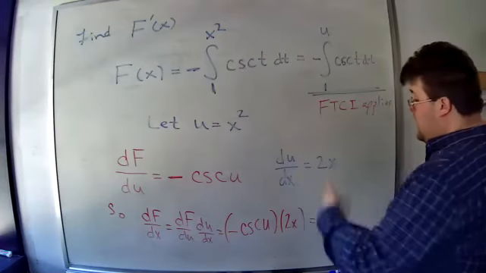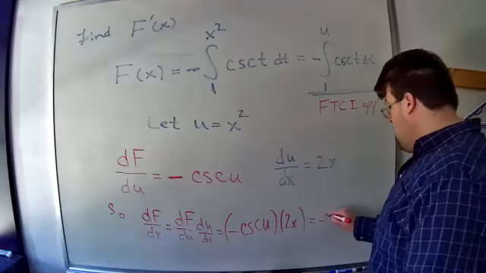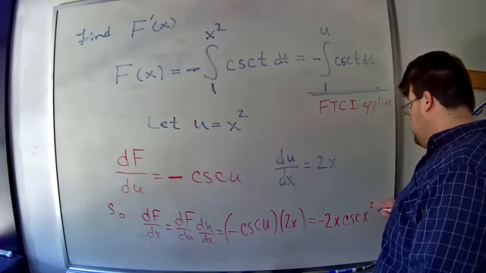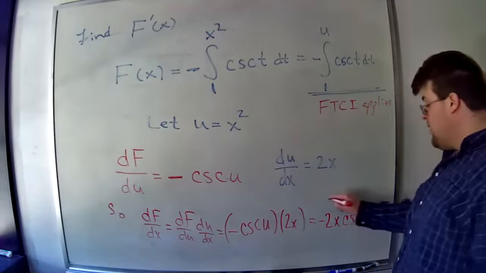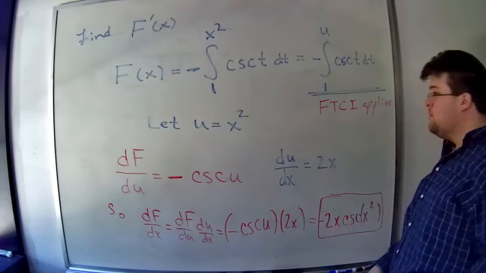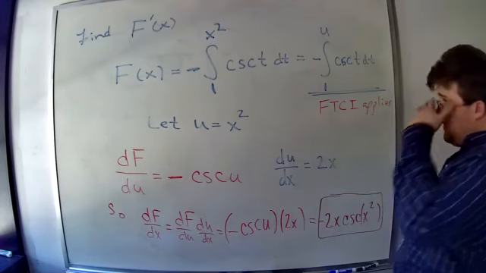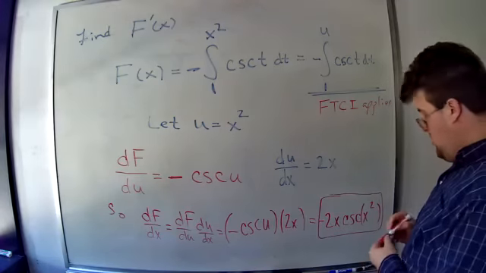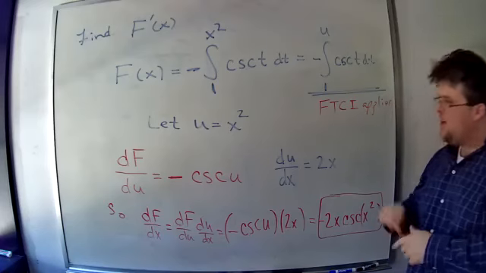So replace u with x squared. I'll bring the 2x out front. We get negative 2x cosecant of x squared. So this example did go through all the details.